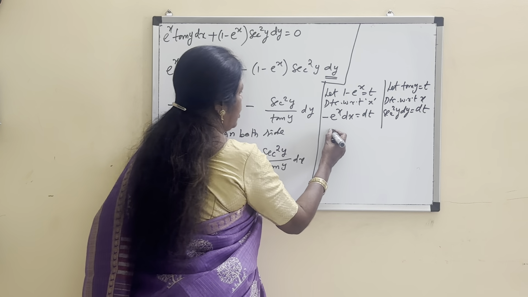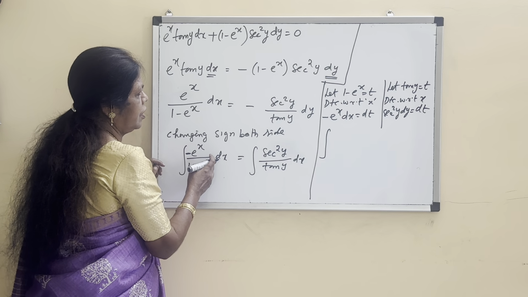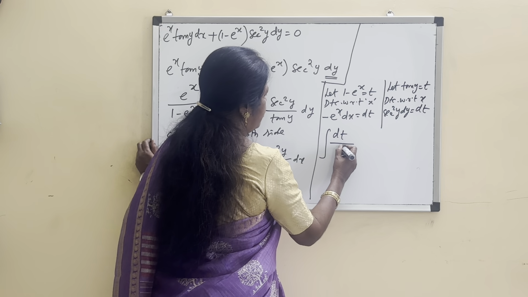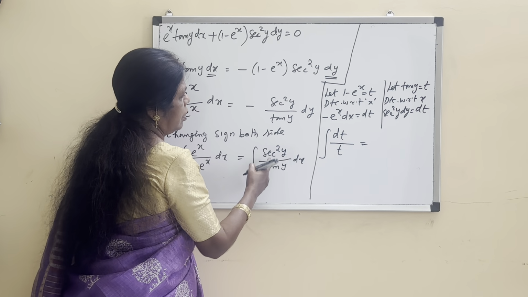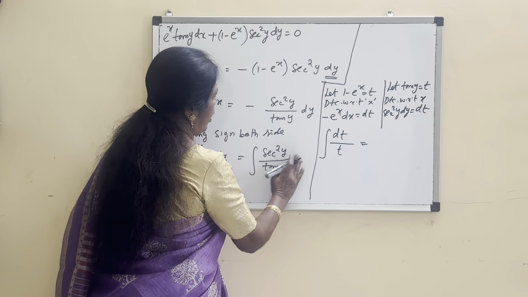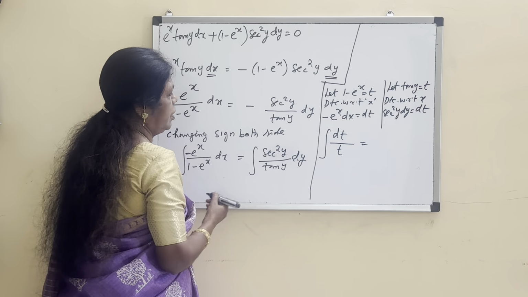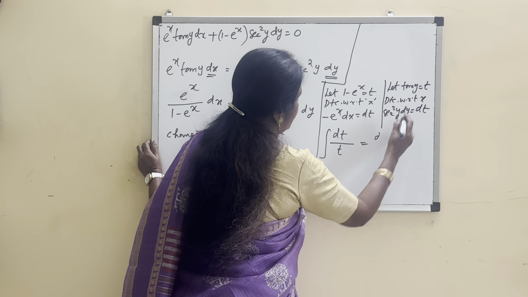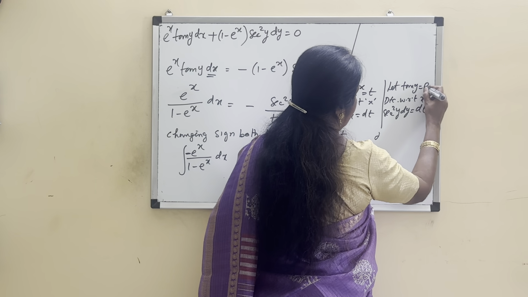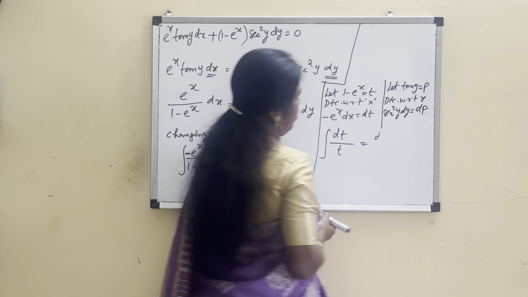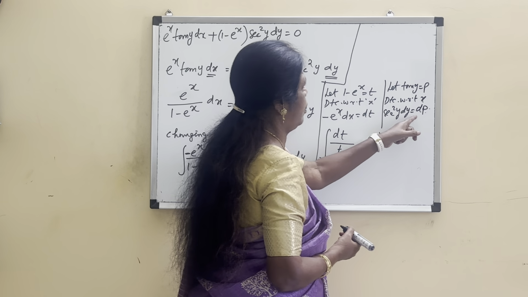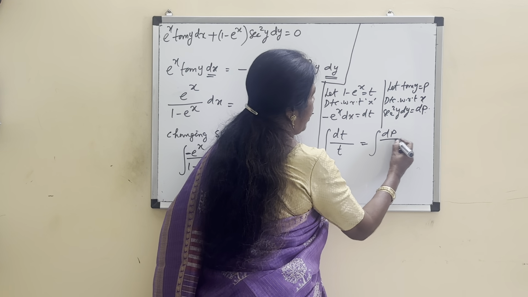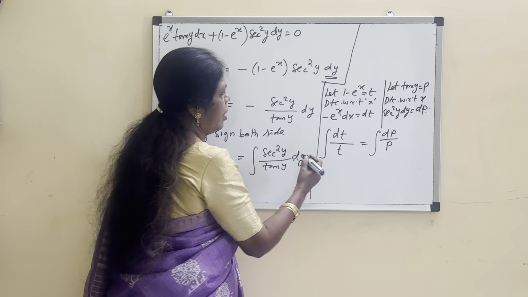Now I will substitute it. It is minus e power x dx equal to dt divided by t, equal to secant squared y dy, which is dp divided by p. We use dt here and t here, so let us take this as p. So that will be integration of dt by t equal to integration of dp by p. Now we are integrating it.